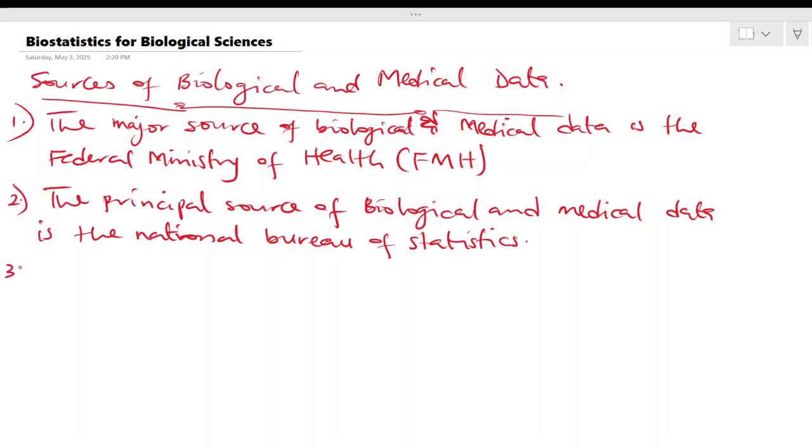We have number three among the sources, the Nigeria Medical Council.